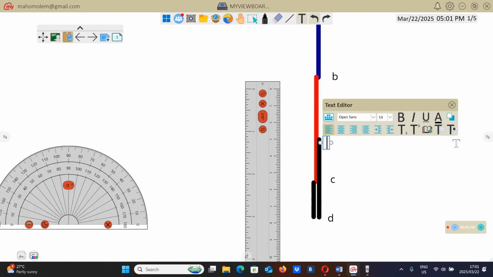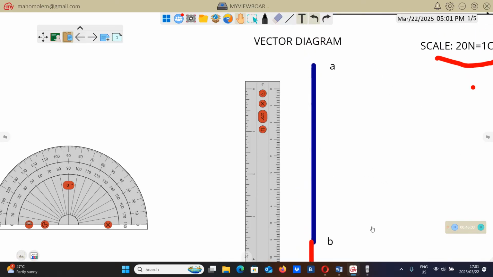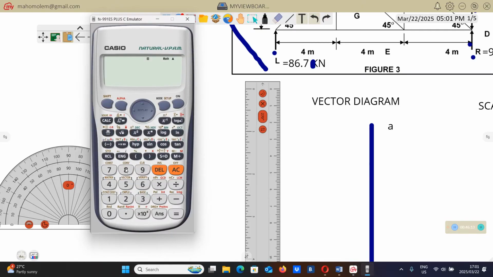So where this line ends, it's going to be E. Right, now we go to the last force, which is this one here, 86.7. 86.7 divided by 20 equals 4.3.